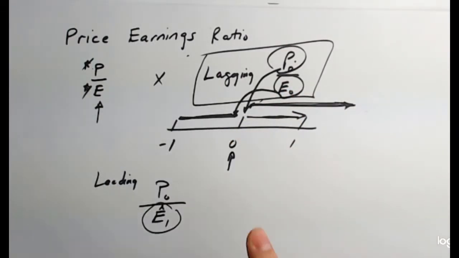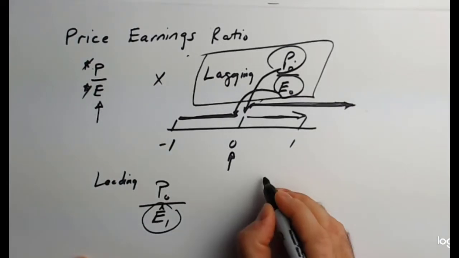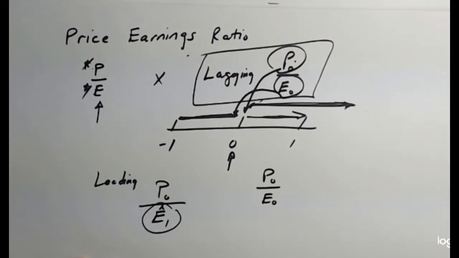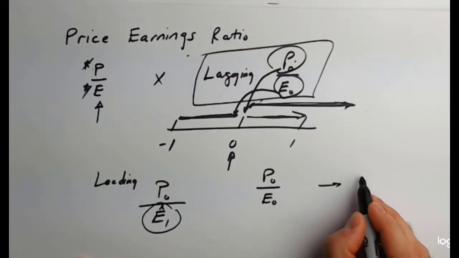Now normally you see that leading PEs are usually smaller than lagging PEs. And you might want to think, well, why would that be? Here's the issue. You have a price today divided by earnings in the past. How do you get that to equal PE1?